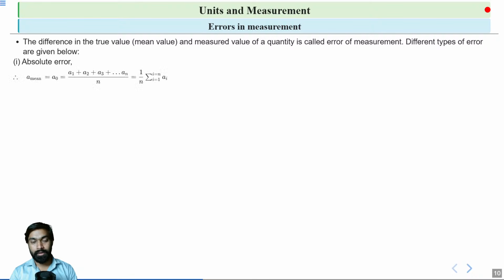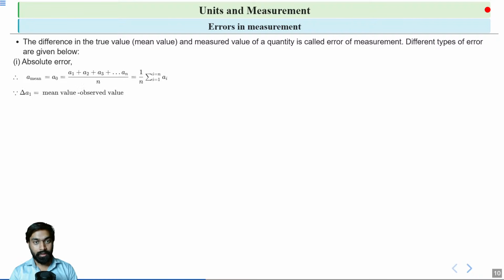Firstly, we calculate the mean value of the given data. So the mean a naught is equal to a1 plus a2 plus a3 plus so on up to an, divided by n.